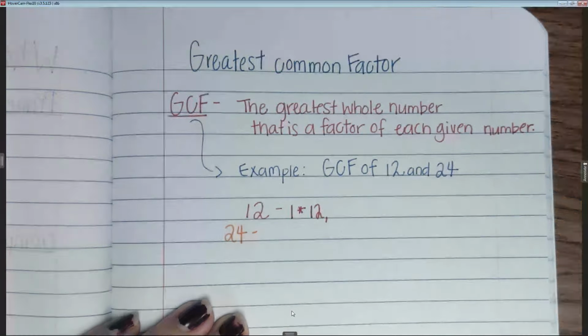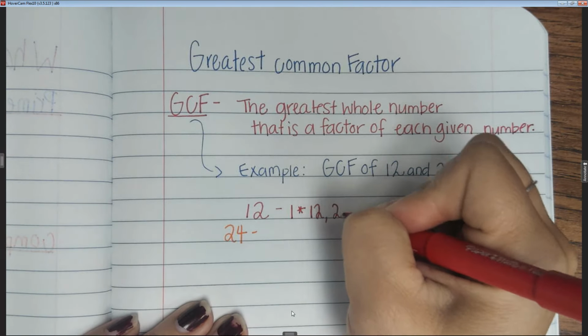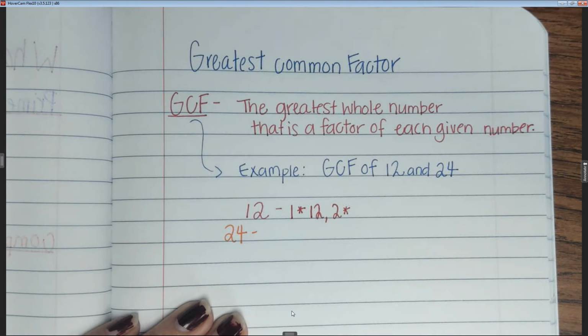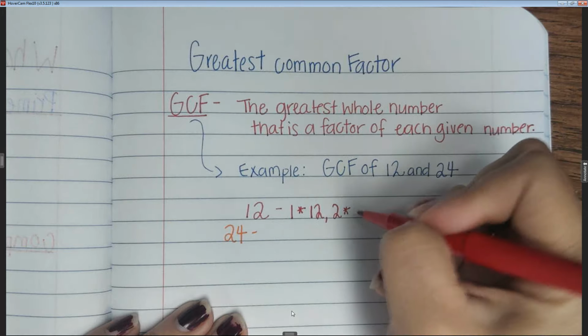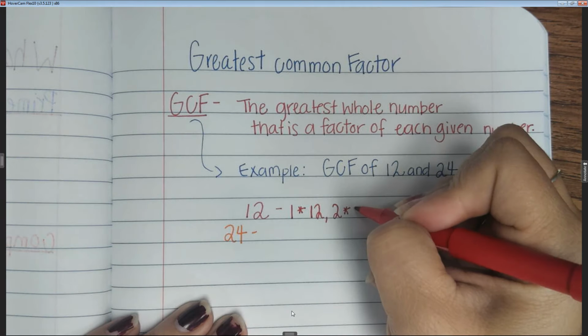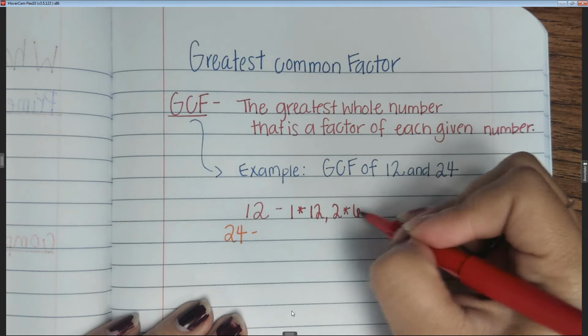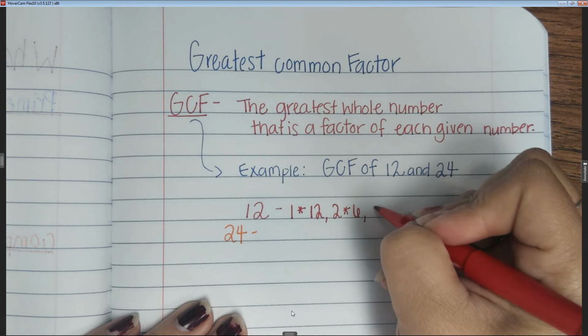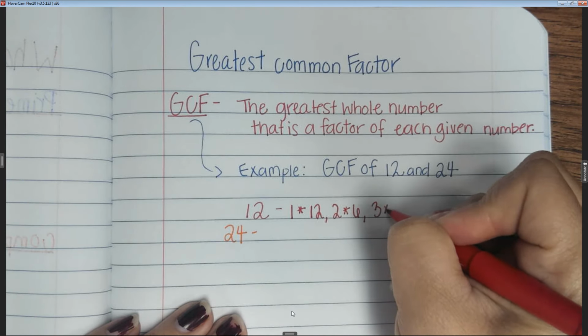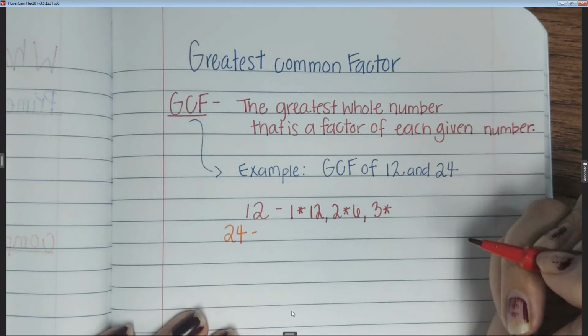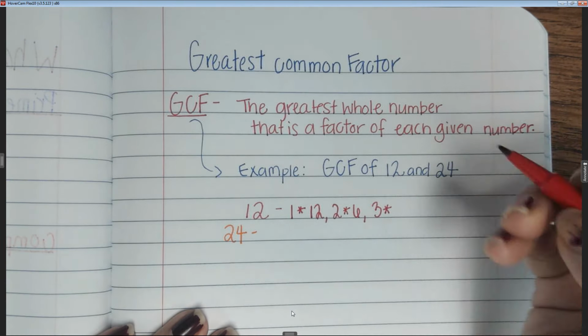Then I'm going to go to 2. 2 times what factor is going to give me the product of 12? The factor is 6 because 2 times 6 is 12. Then I'm going to go to 3. 3 times what other factor is going to give me a product of 12?